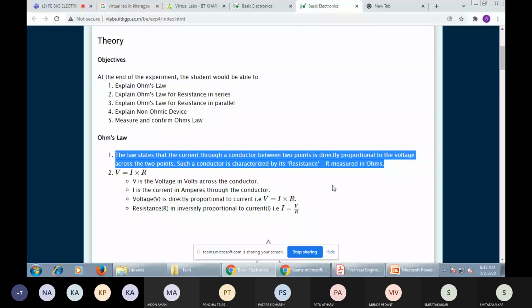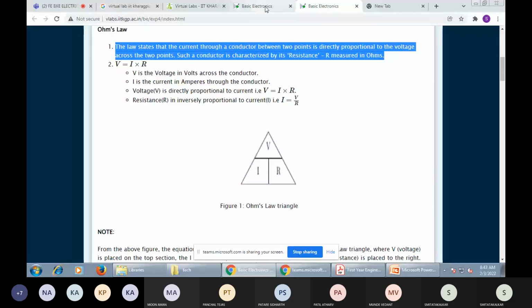The current through a conductor between two points is directly proportional to the voltage across the two points. So the voltage is directly proportional to the current. This is known as Ohm's law. Only this equation is important in Ohm's law.